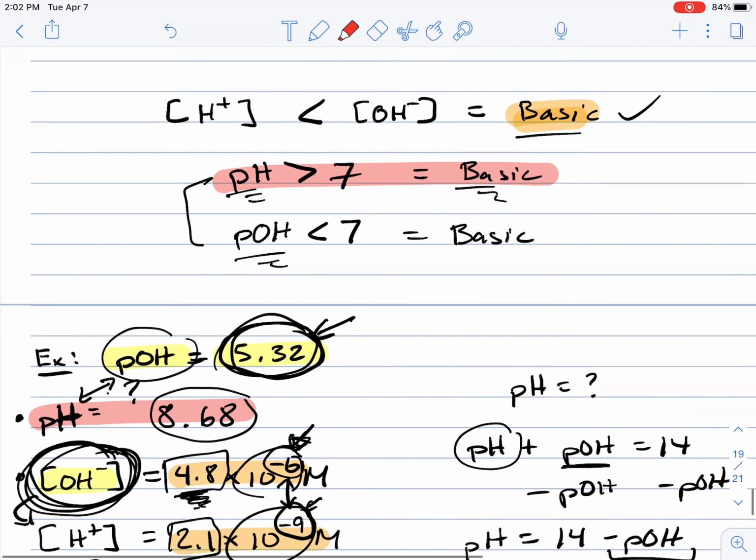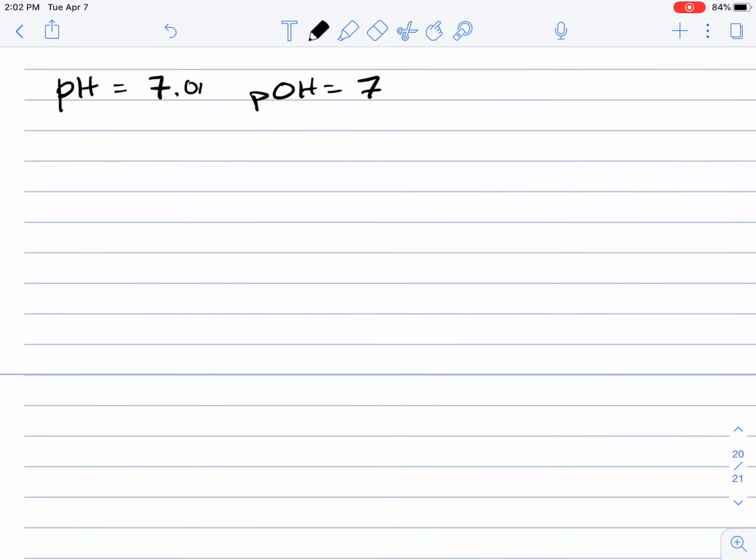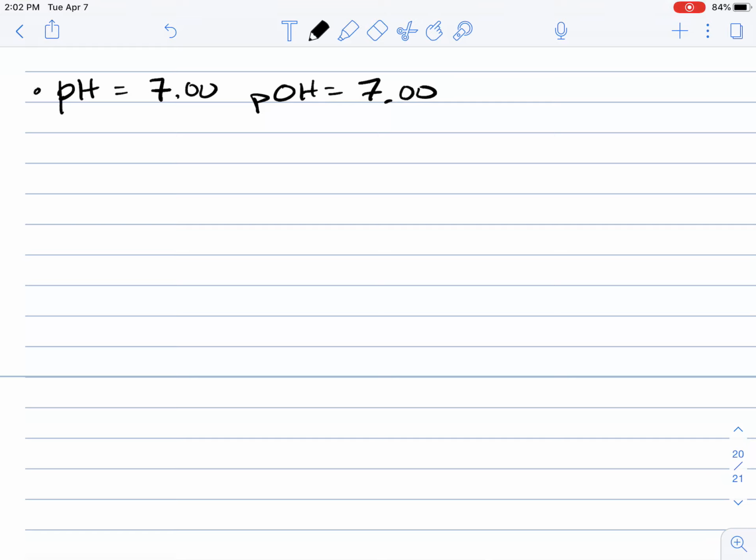One last thing, I don't think I've mentioned this in the previous lecture. Let's go ahead and talk about the pH or the pOH at 7. Let me add some more significant figures here. And so once again, if you're given a pH or pOH, it's the last 2 digits that are significant.